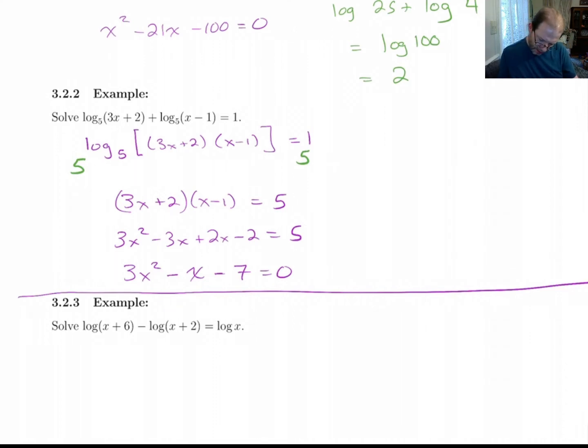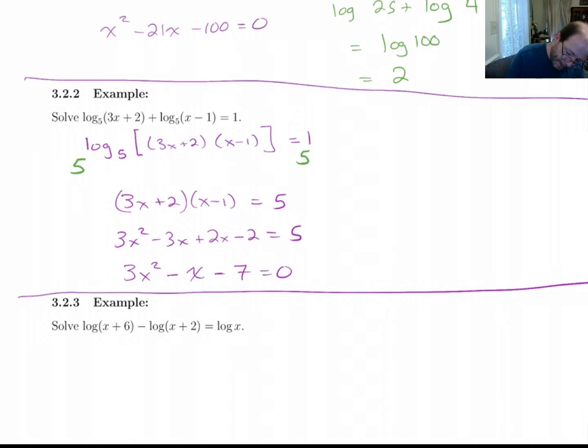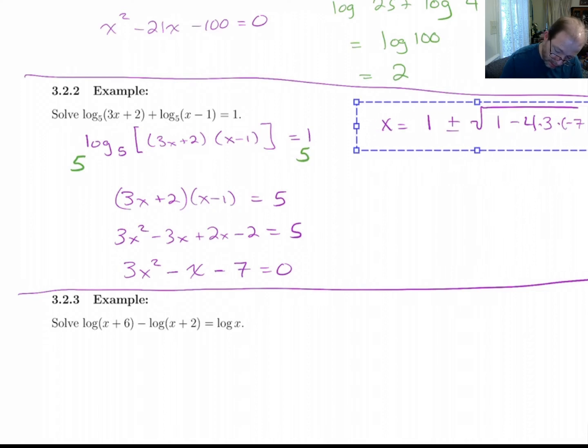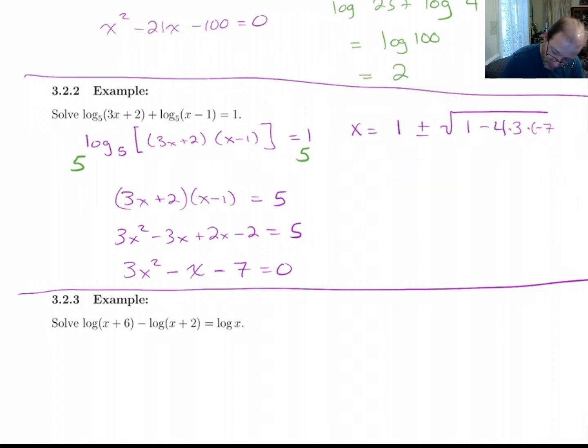And now this won't factor. So I've got to use the quadratic formula on it. All right, so x is going to be negative b plus or minus the square root of b squared minus 4 times a times c, all that over 2a.